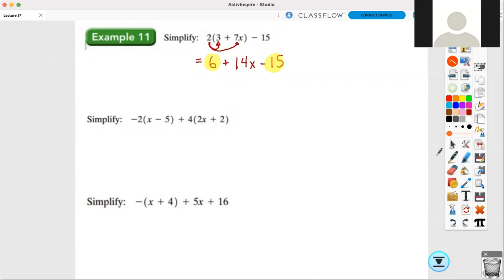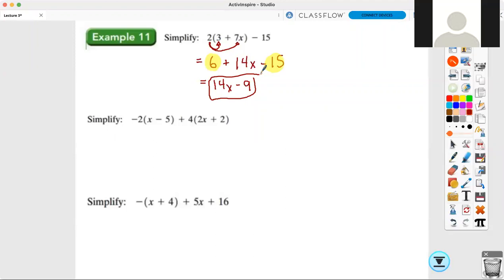So if you have $6 because it's positive, but you owe me 15, after you give me the 6 that you have, how much do you have? Negative 9. So then we get 14x minus 9. And we're done.